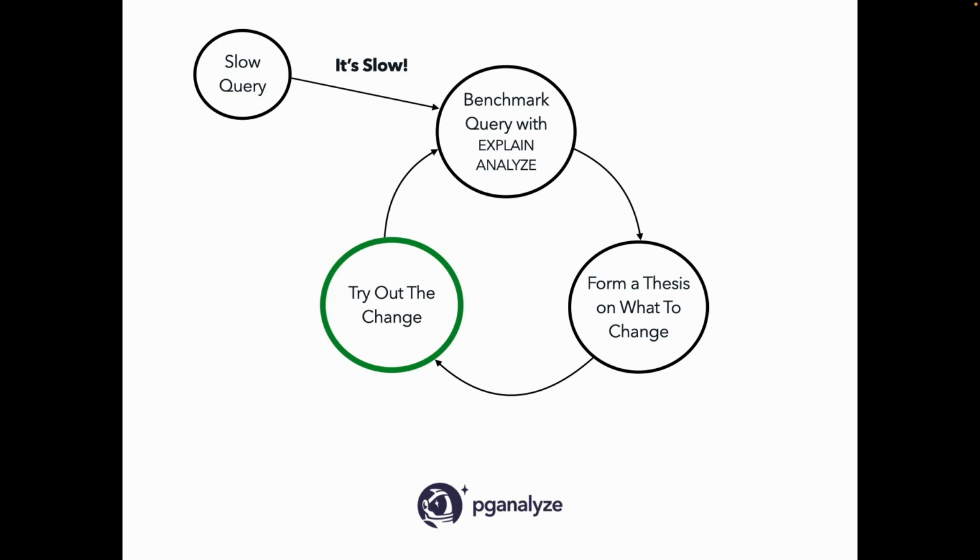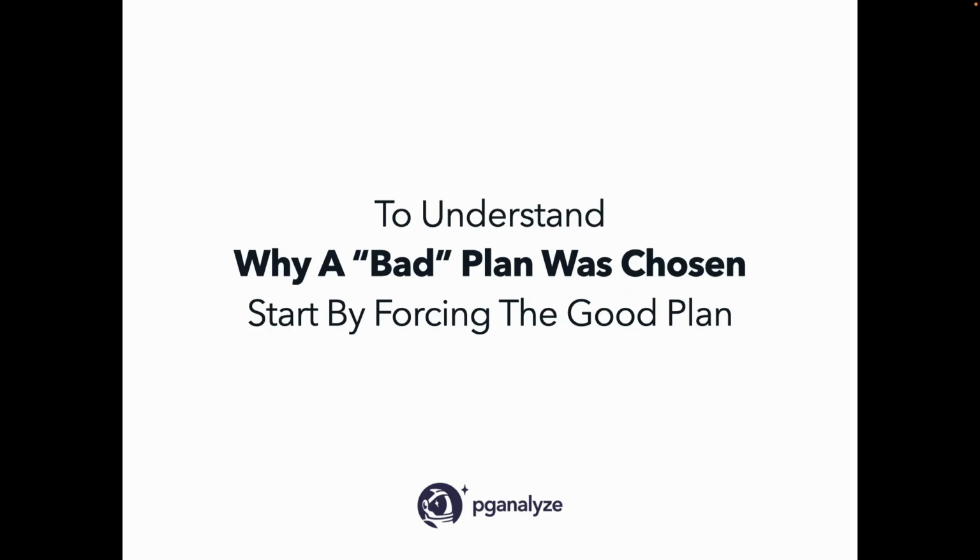Now I want to try out the change. Here, one thing that I found really useful, which I didn't know for a long time, was the strategy of debugging where I really want to know why a bad plan was chosen, and I can force the good plan and see how the costs differ.